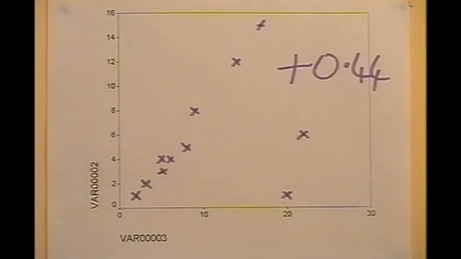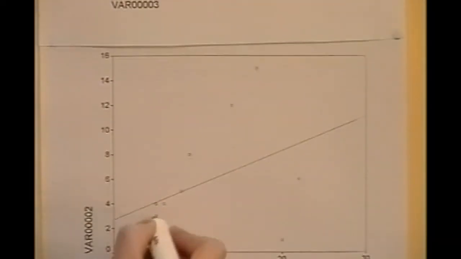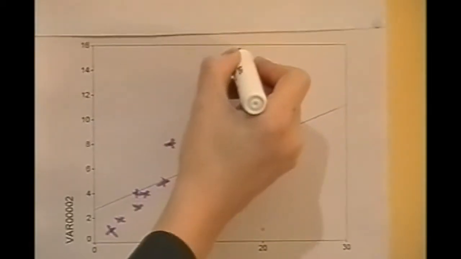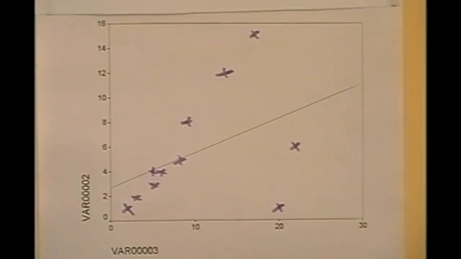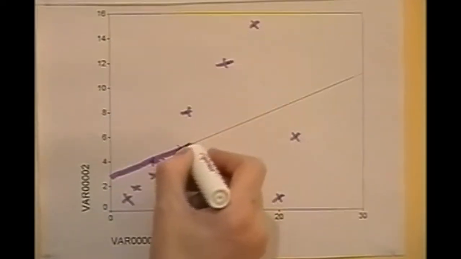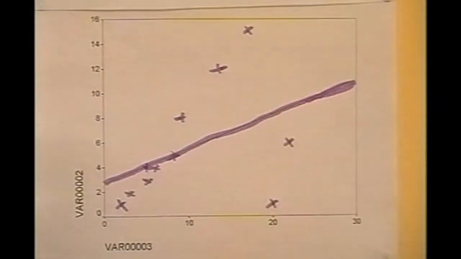And I can show you the graphic the computer's drawn for us. Again, I'll just mark on the data points so we can see them more clearly. These are exactly the same data points. And the average best fit line for this set of data is pointing up the way.